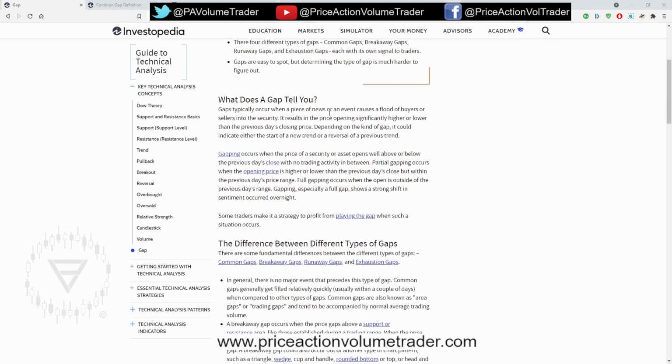But basically, what does a gap tell you? Well, it tells you when there's a piece of news or event that causes a flood of buyers and sellers into a security.